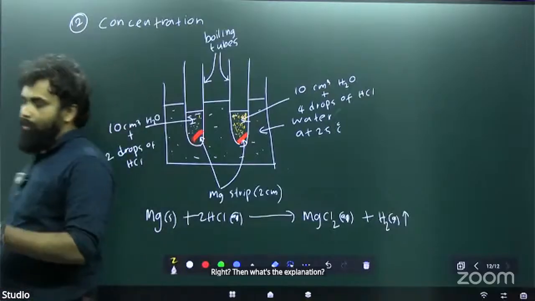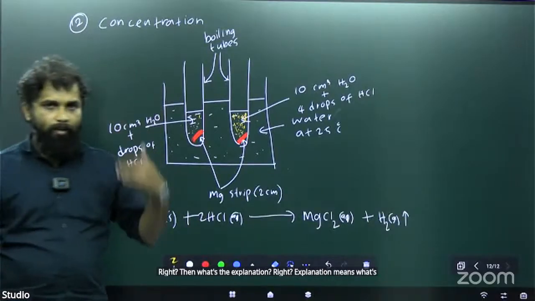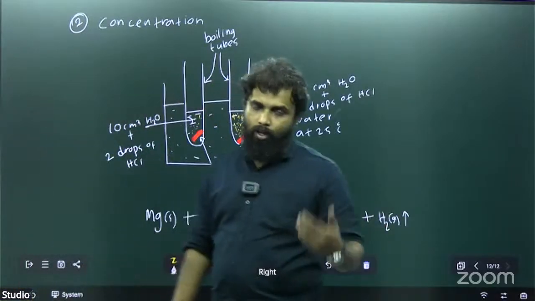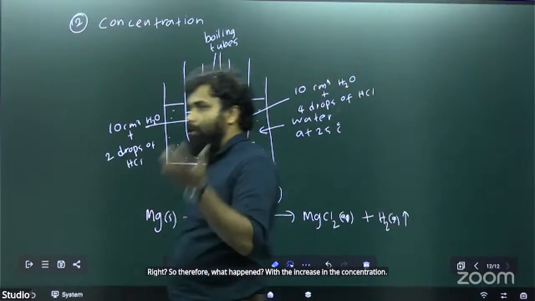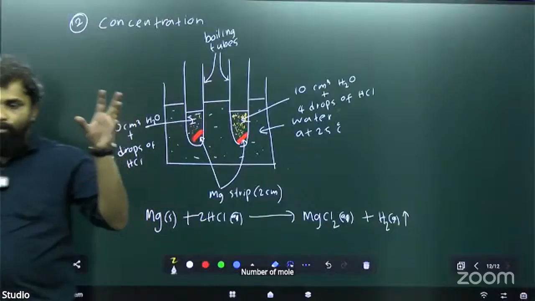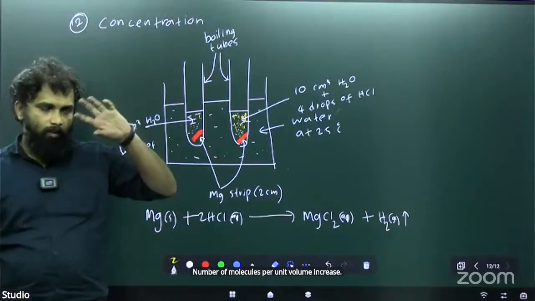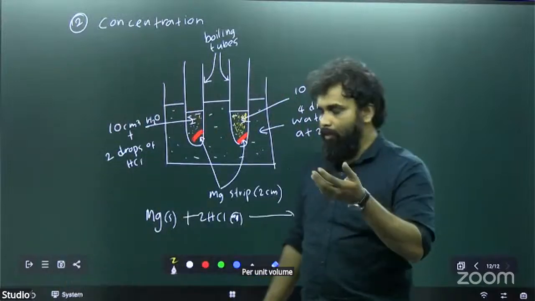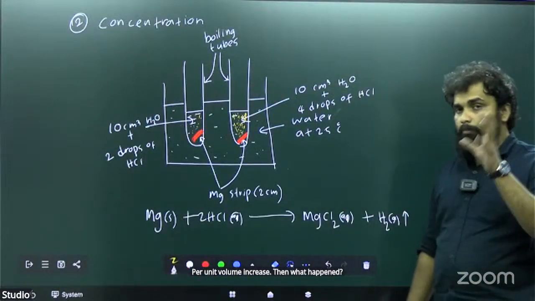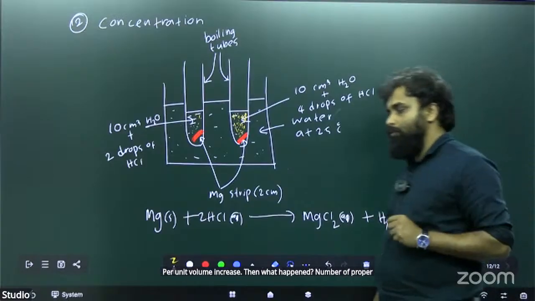Explanation means what's the concentration? N divided by V, right? So with increasing the concentration, number of molecules per unit volume increases. Then the number of proper collisions per unit volume increases.